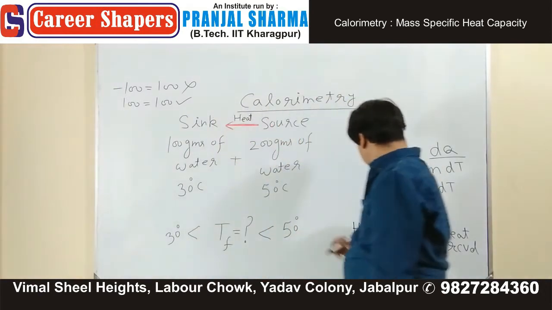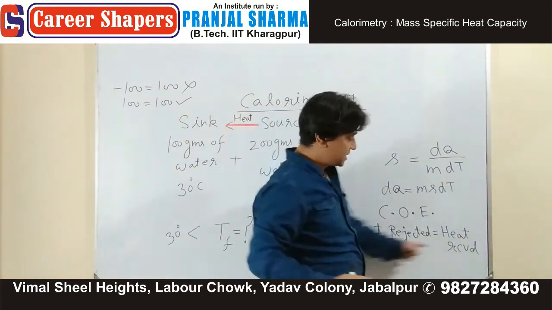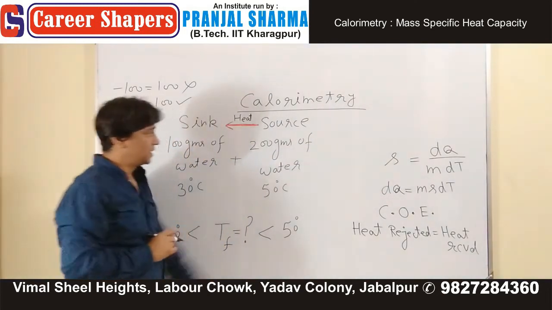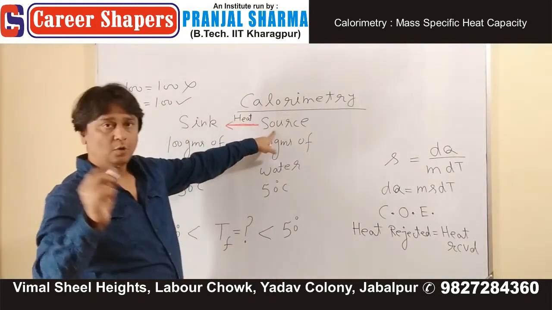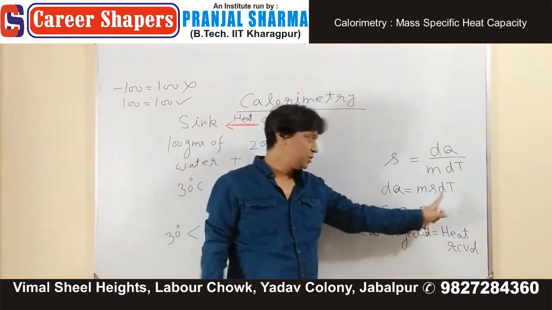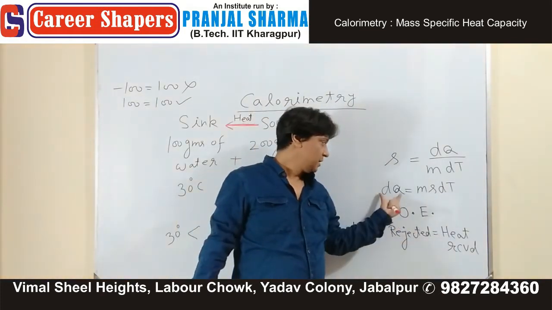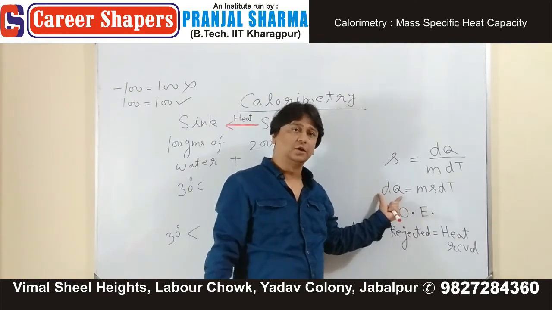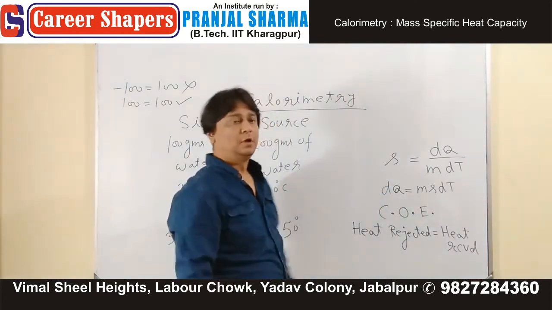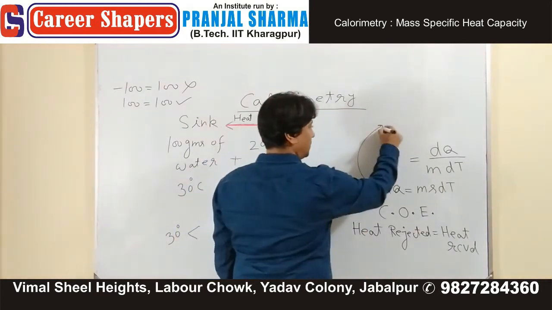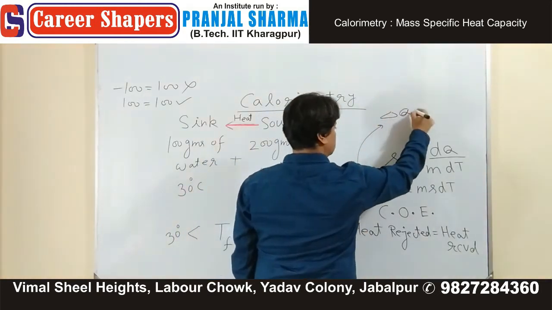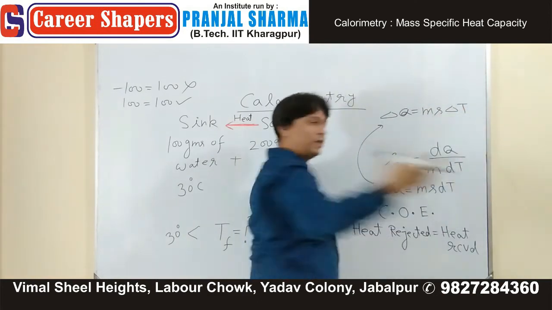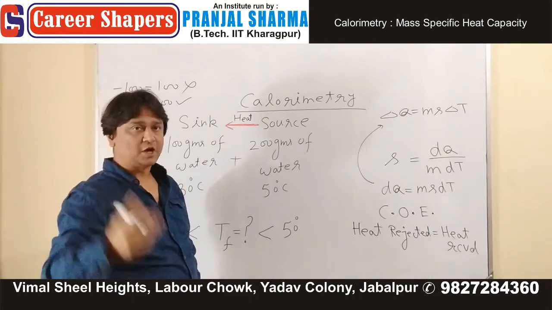Now if you look at this heat rejected and heat received, कौन है जो हीट को रिजेक्ट करेगा? सोर्स. What is the formula when temperature changes by dt? Heat supplied, heat transfer is how much? dq. You always write this dq as delta q, ms delta t if you wish. हालांकि उससे परेशान होने की जरूरत नहीं है.